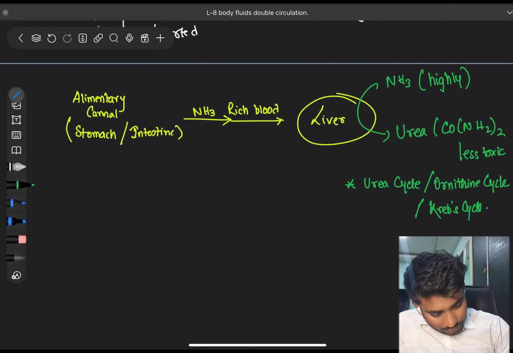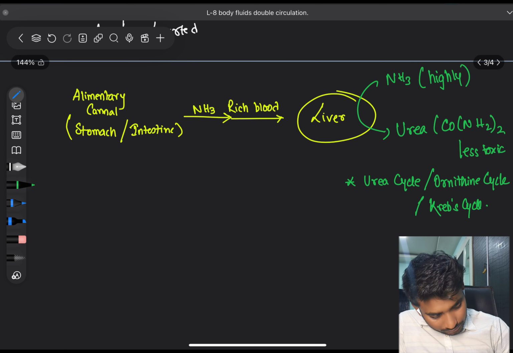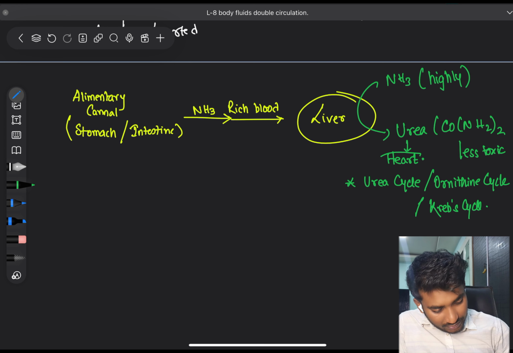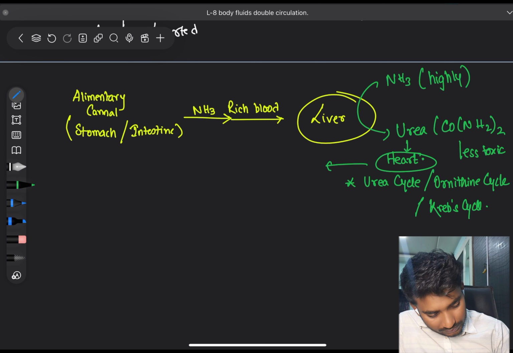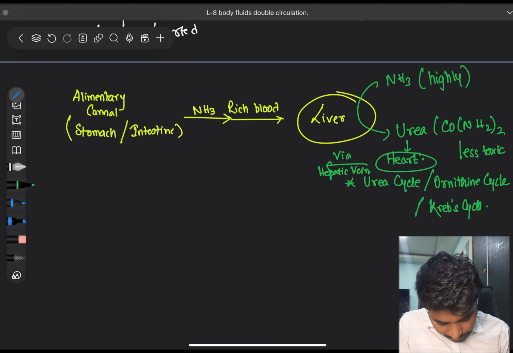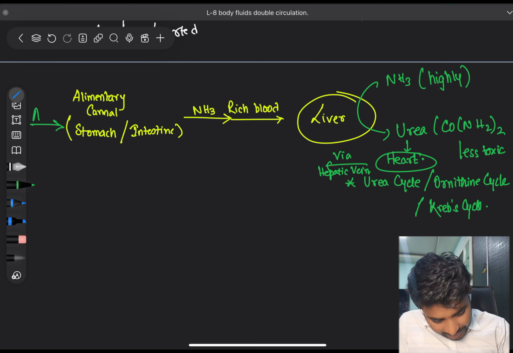Okay, now the urea, this urea goes to the heart via the hepatic vein. Now in case of this alimentary canal, here it is the artery.